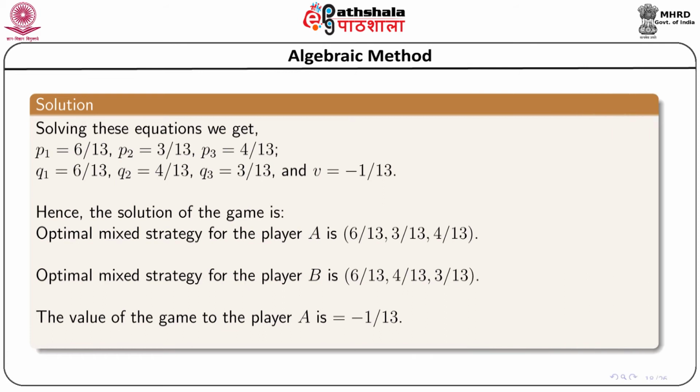And finally, we get the optimal mixed strategy for the player A as 6 by 13, 3 by 13 and 4 by 13, and the optimal mixed strategy for the player B as 6 by 13, 4 by 13 and 3 by 13, and the value of the game to the player A is minus 1 by 13.